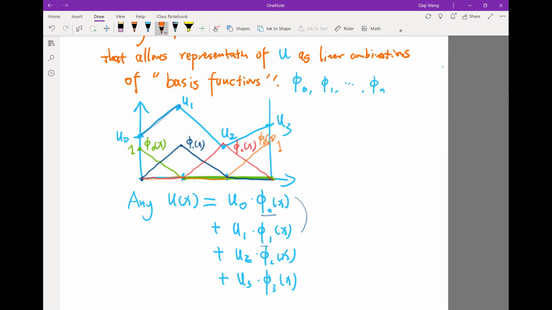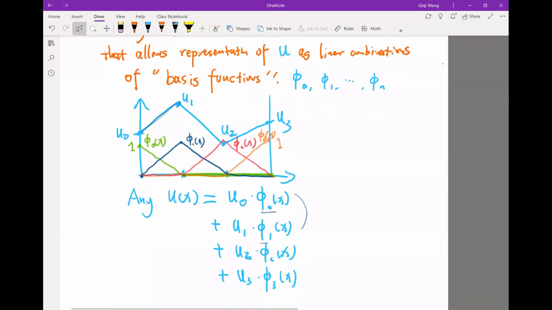All right, does it make sense? The reason I'm constructing these functions is because once you have these 4 basis functions, or if you have many more elements, you can construct as many of these basis functions.